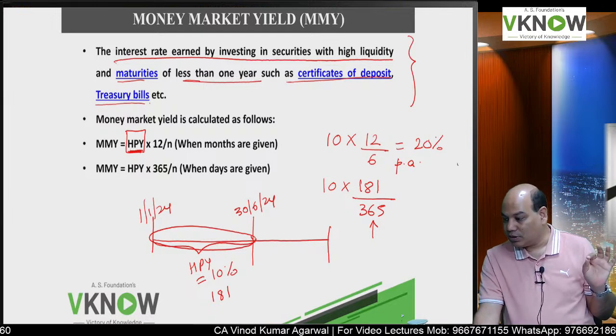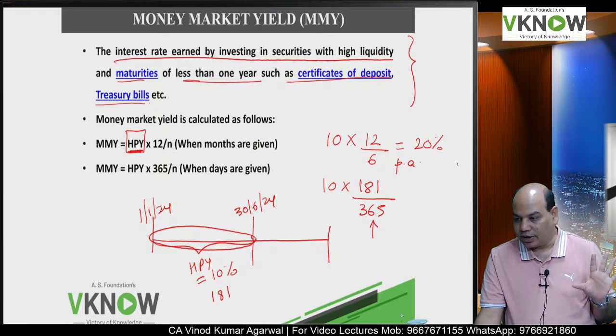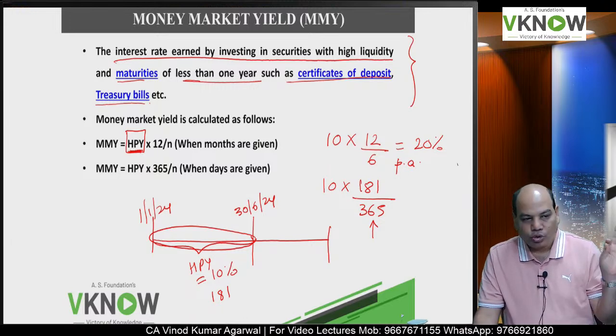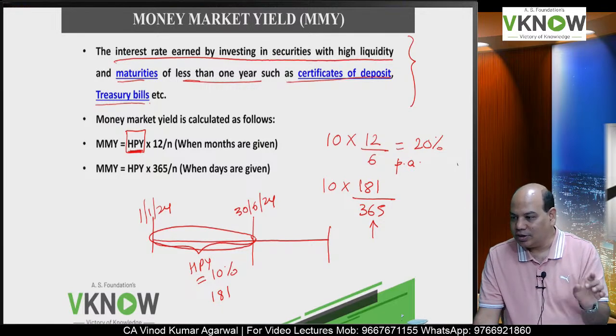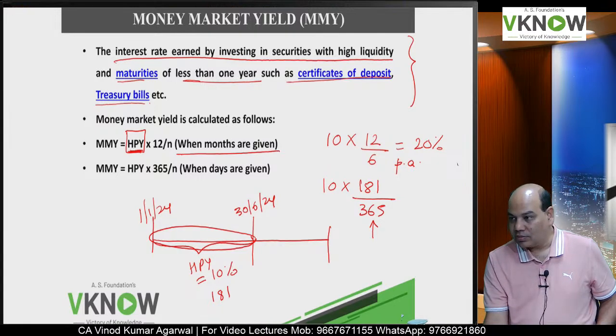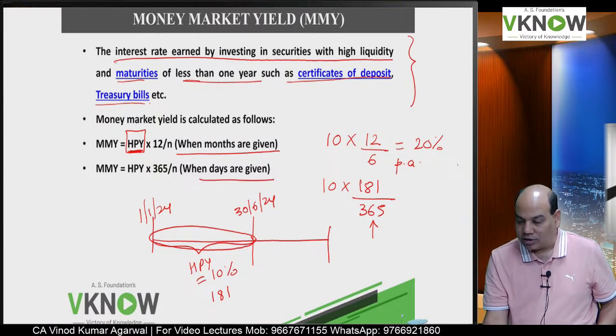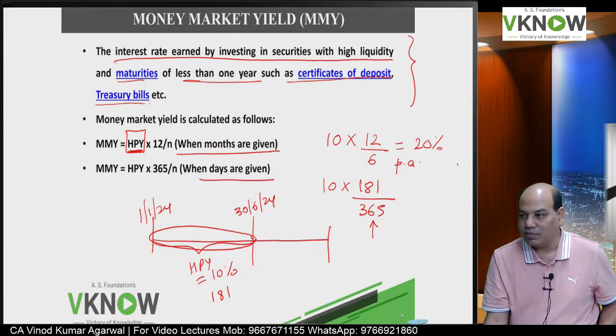In some problems they will say number of days are assumed to be 360. So that is how you will convert holding period yield into money market yield. If months are given, multiply by 12 by n. If days are given, multiply by 365 by n.